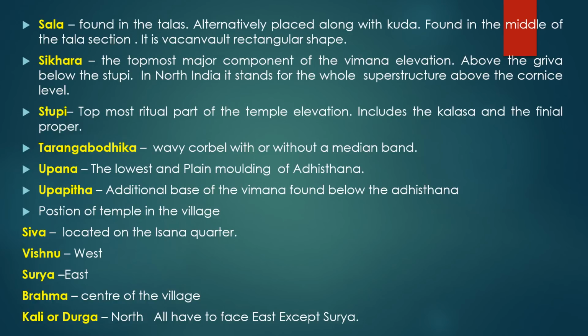That's why it is known as Merkali in Tamil. Then Surya will be in the east. Brahma is generally in the center of the village, and the Kali or Durga temple will be accommodated on the north side. That's why it is Vadaval Selvi in Tamil.